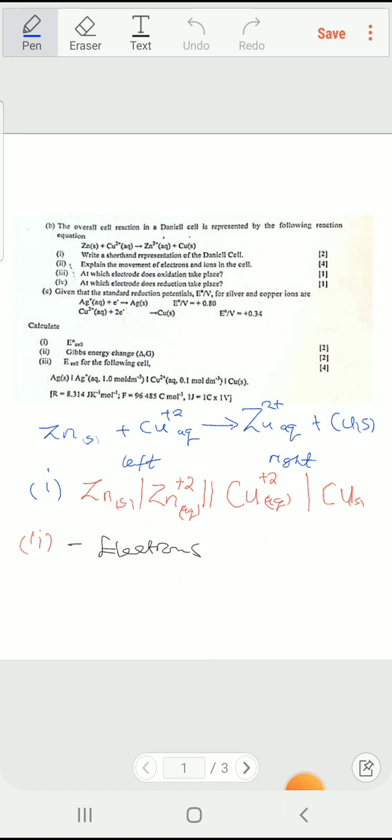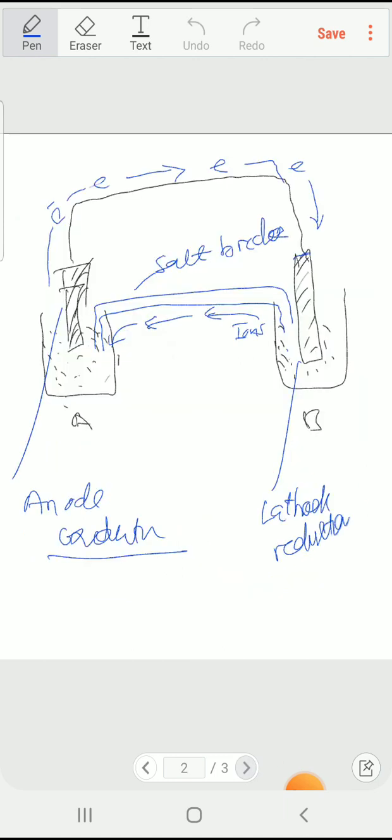So electrons move from anode to cathode via what? The external conductor. What is the external conductor we have? The wire. Don't forget, that's what the electrons were moving through from here to there.